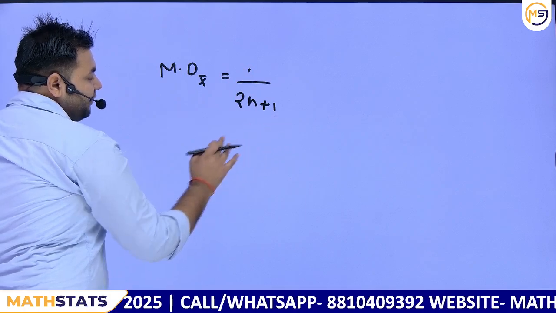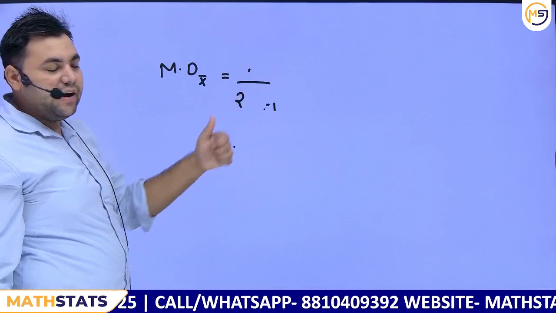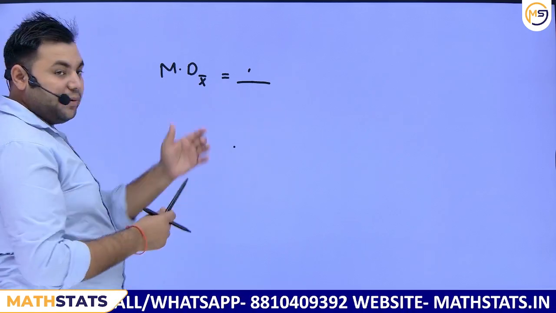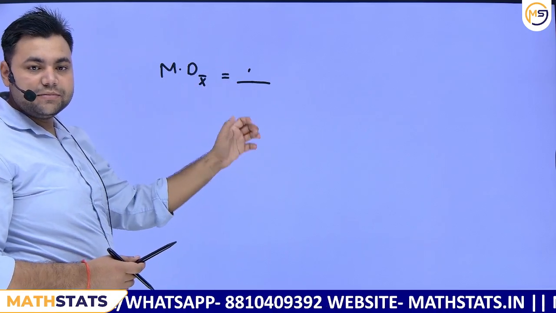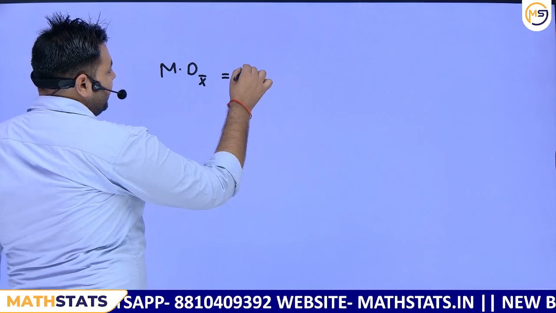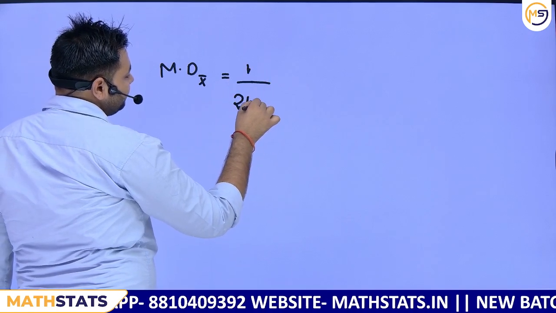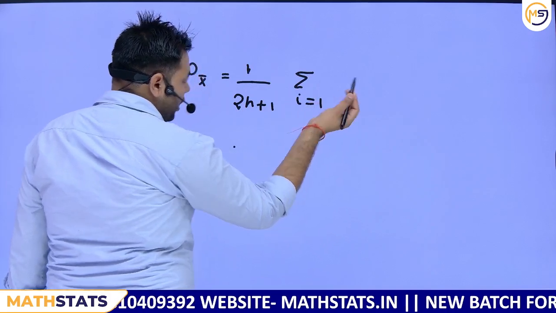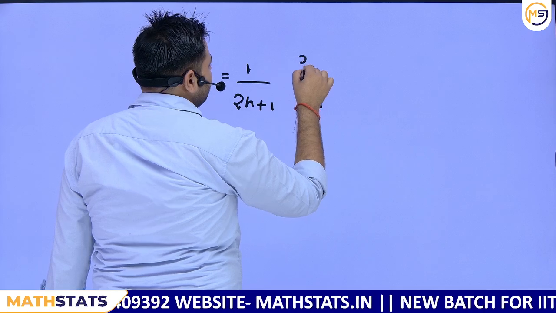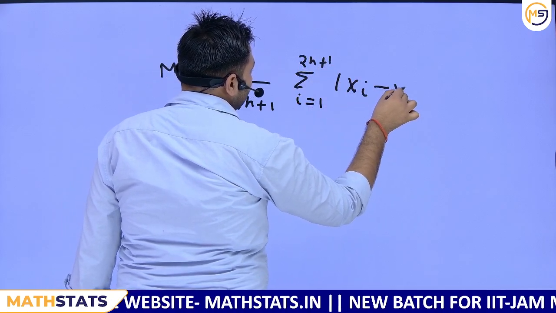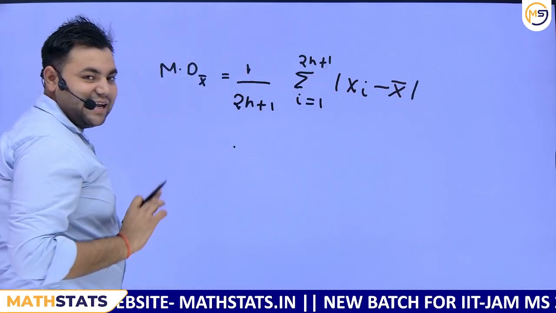So don't confuse, the actual formula is mean deviation about mean 1 by n, where n is the number of terms, but here the number of terms is 2n plus 1. So we can write 1 upon 2n plus 1, summation i equals 1 to 2n plus 1, mod of xi minus x bar.